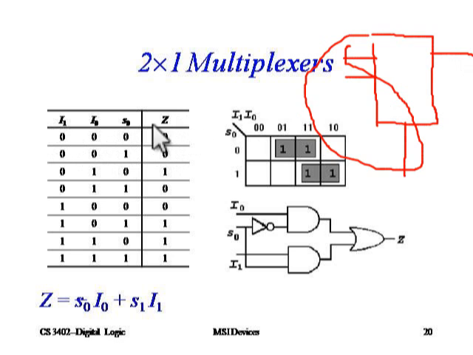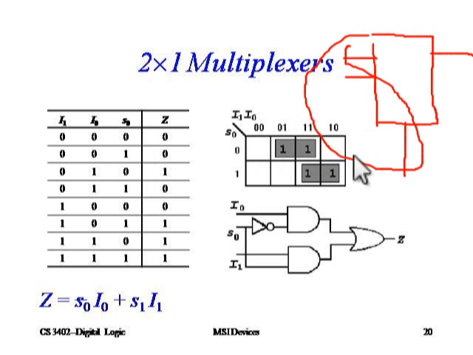So 3 inputs, so 2 raised to 3, that is 8 combinations, and the outputs. Whenever S0 is 0, what we will get at output Z is I0. Similarly, whenever S0 is 1, what we will get at output is I1. So whenever S0 is 1, Z is equal to I1.